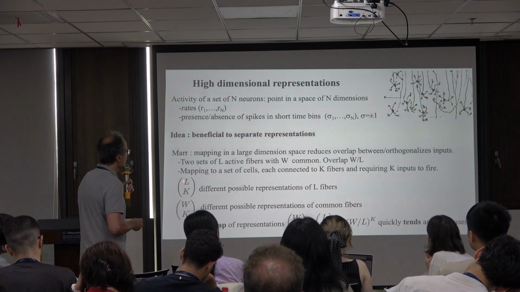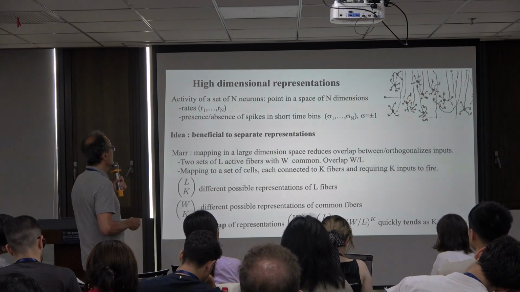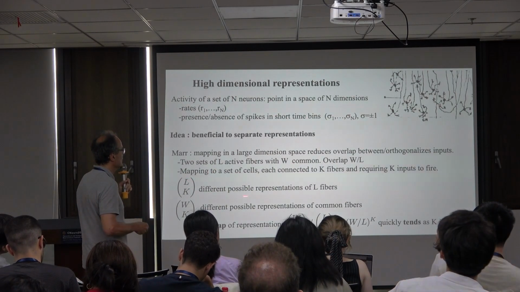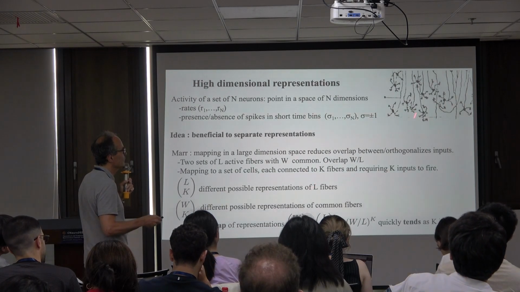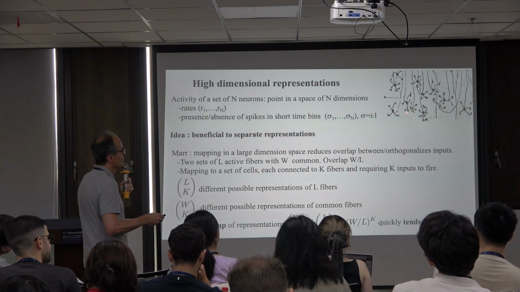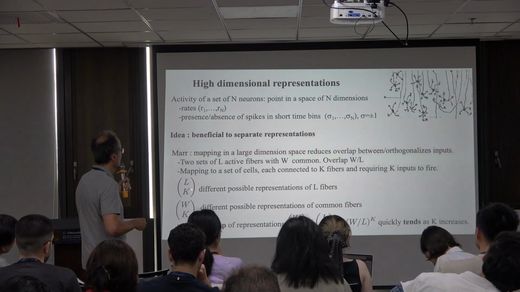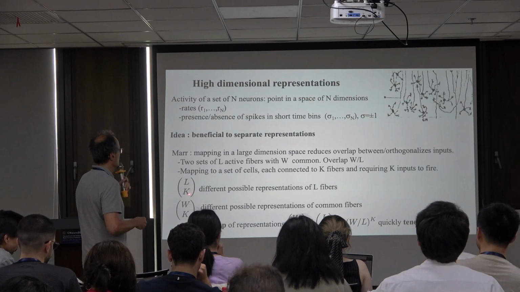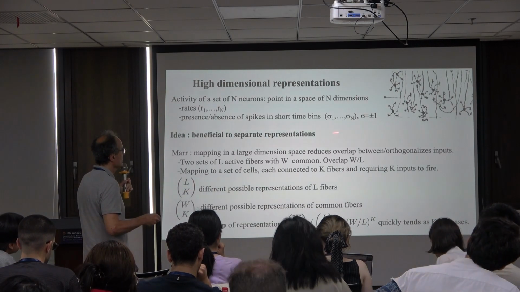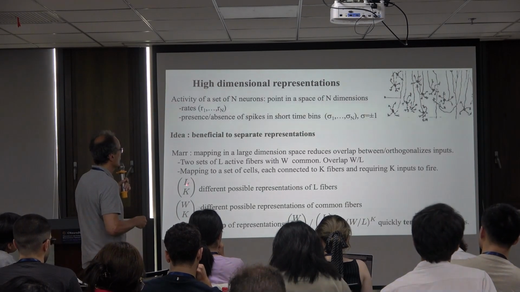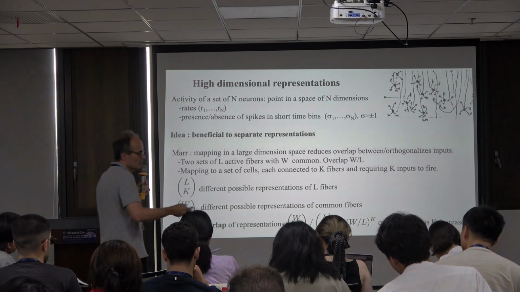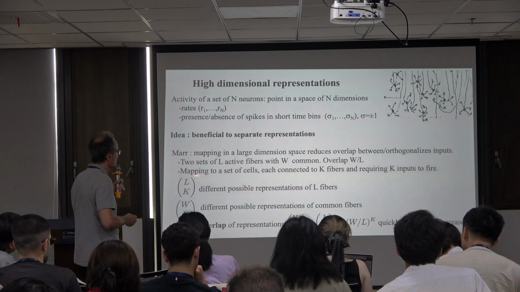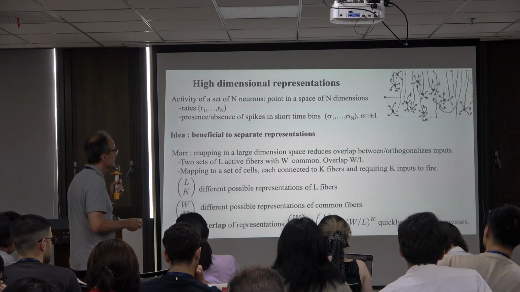Now if I look at the different possible representations of L fibers by these cells, each cell can draw K fibers among L. So the number of possibilities is this.